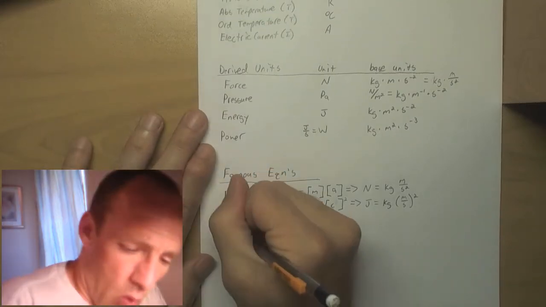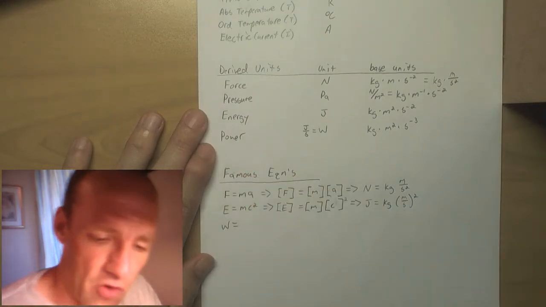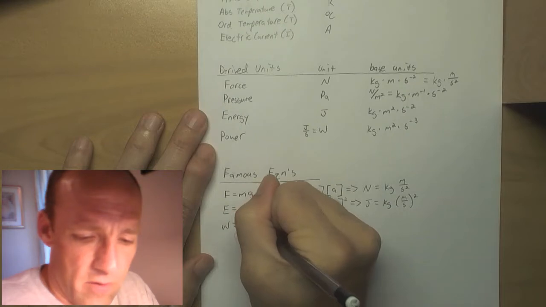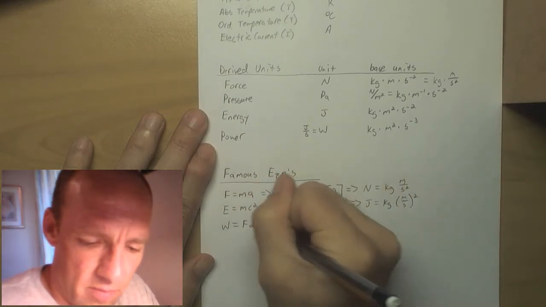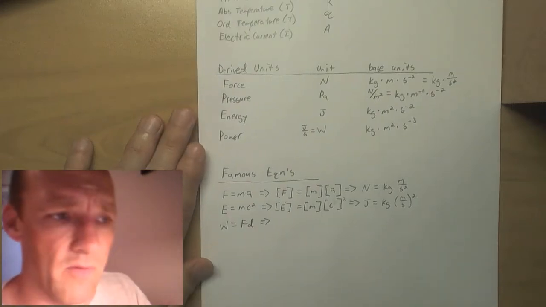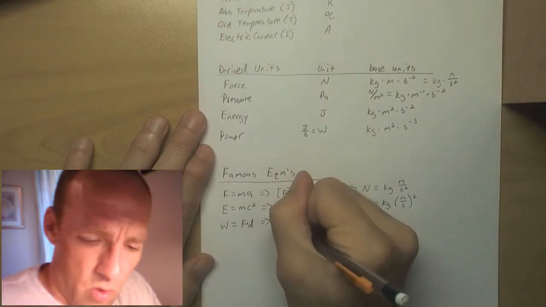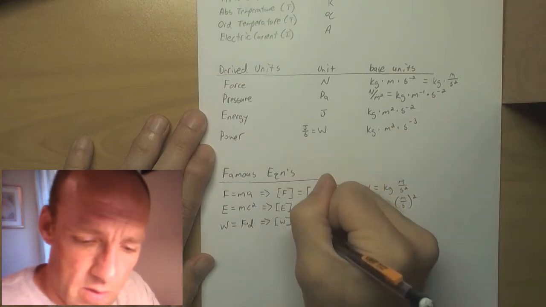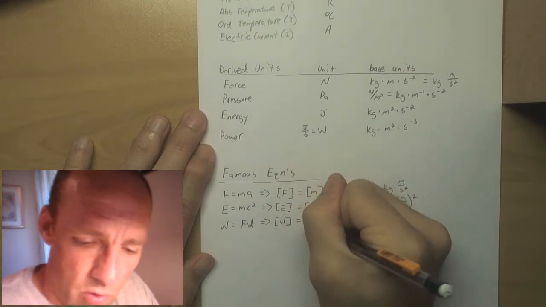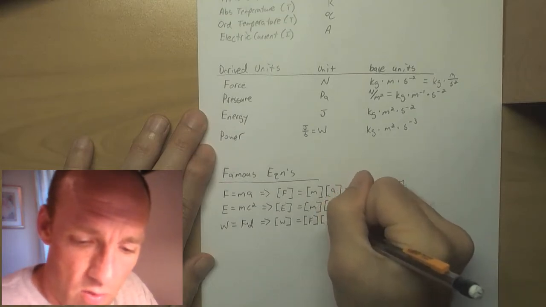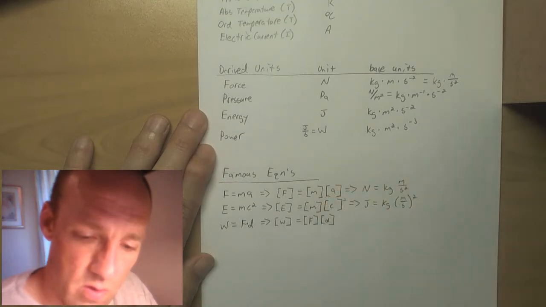And then one more, the definition of mechanical work is just the force acting over distance. You probably picked that up in physics. And so the units of work have got to be equal to the units of force and then the units of distance.